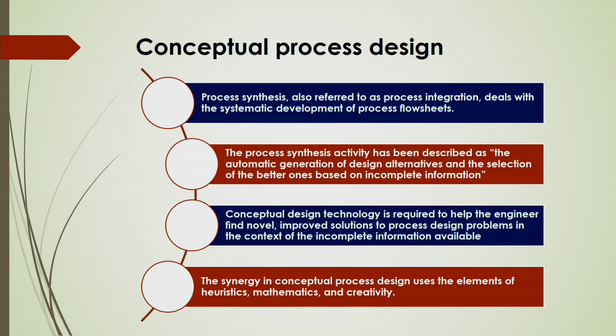Now, for conceptual process design, you have to consider process integration, which deals with the systematic development of process flow sheets, process synthesis activity, and also the automatic generation of design alternatives and the selection of the better ones, even based on incomplete information.